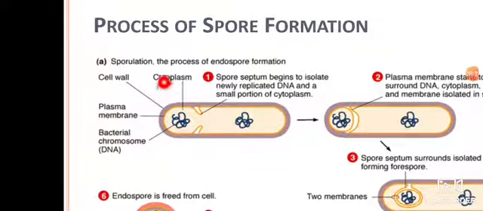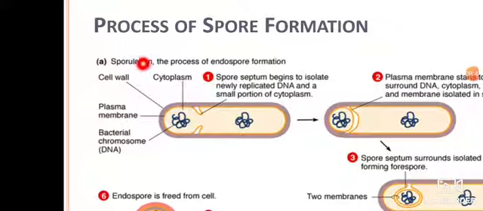Okay, so whenever budding is started, at that time all the contents get divided into two parts, meaning cytoplasm is divided, DNA is divided, plasma membrane is divided, all those components are divided.